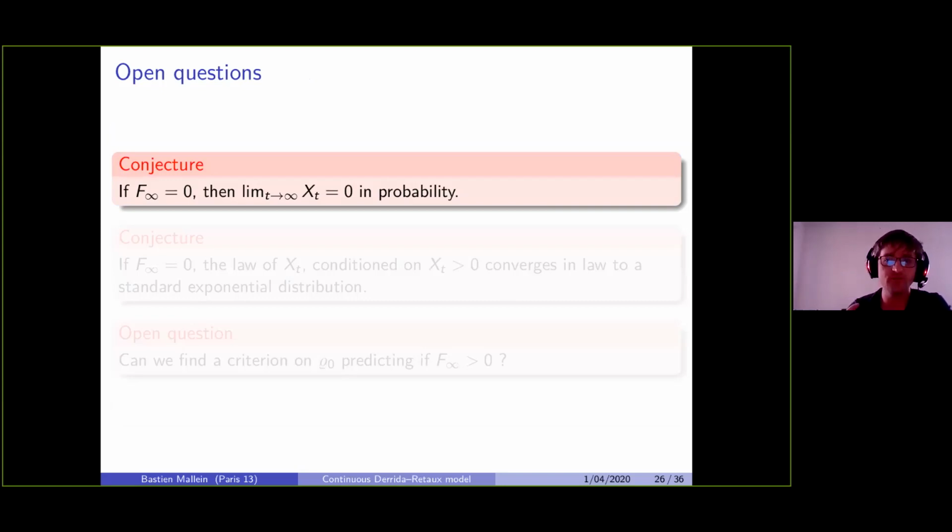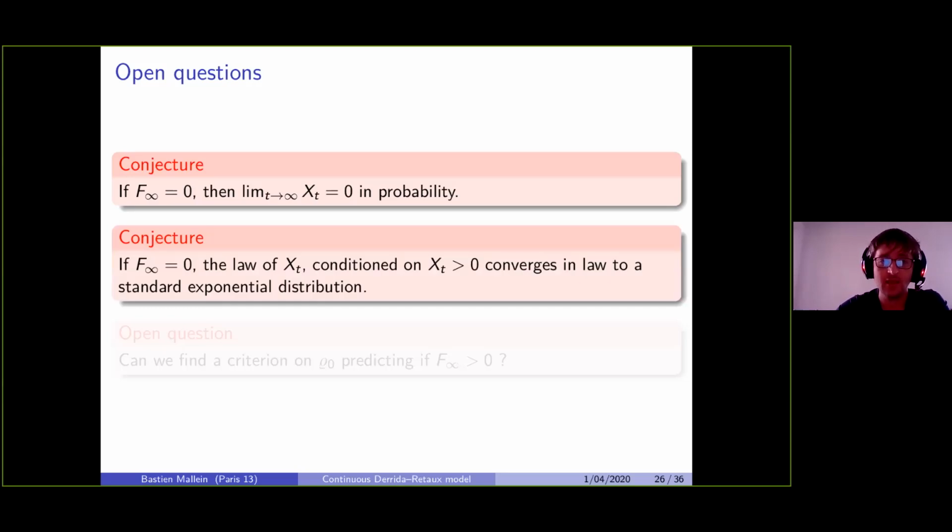It's quite easy to see that Xt divided by e to the t goes to 0. Another thing that would be nice would be to prove that if the free energy is equal to 0, then the law of Xt conditioned on being positive converges toward, sorry, not a standard exponential distribution, but an exponential distribution with some parameter.